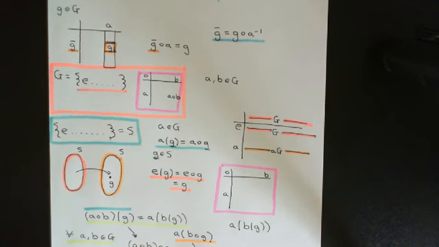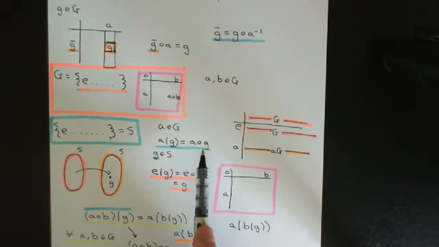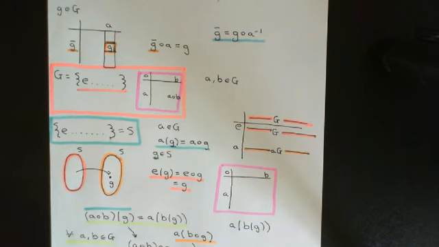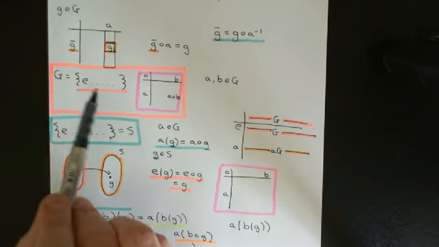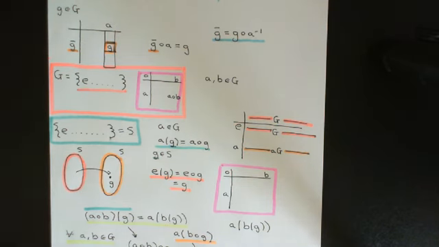How do you define those set permutations? Quite simply, you send any element of this set onto what that element left multiplied by the element A is, where A is your element of the group which you're trying to work out the set permutation for. That gives every element of the group a set permutation that can be associated with it.